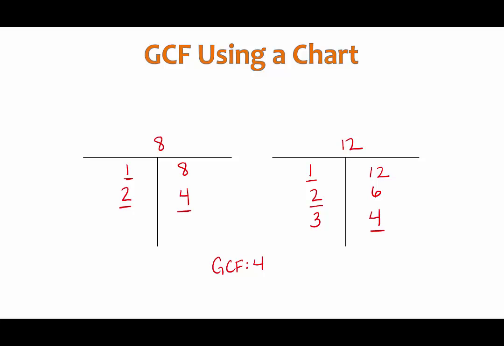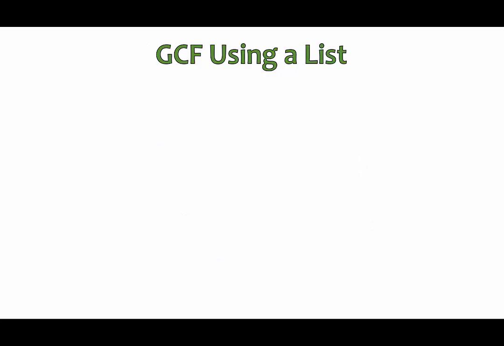Let's do another example. We could also find the GCF using a list, and I'll show you how that might look. So our second example is find the GCF of 16 and 30. Again, 1 still goes into every number, so 1 and 16. Now I'm going to write them on the ends. Okay.